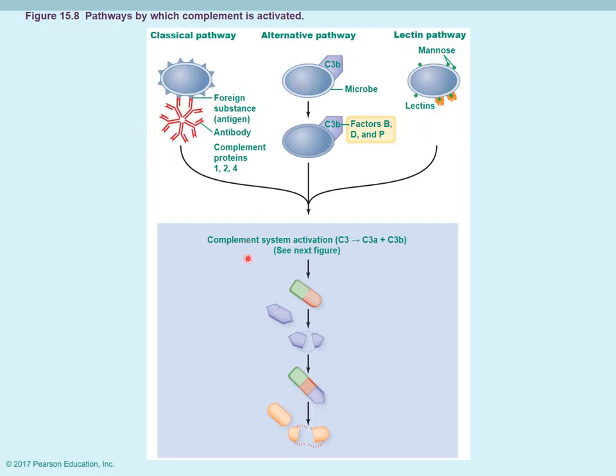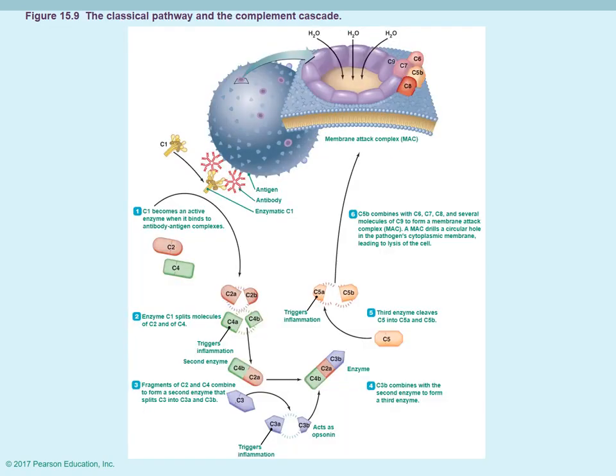All 3 of them will lead to the same end result, which is where you're going to see all of these different proteins. It's often referred to as a cascade. In other words, you have activation of one protein, that's going to activate something else, in this case something to break apart, and then it's step 3 and then step 4. It has to occur in this specific order.